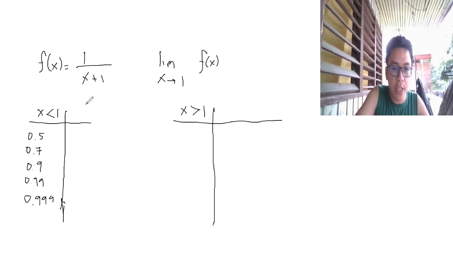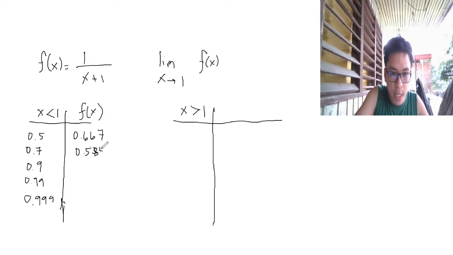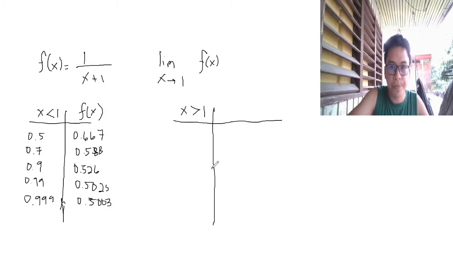I have prepared the calculations. When it's 0.5, I would get 0.667. Then 0.588, and I would get 0.526 when x is 0.9. Then 0.5025, and 0.5003.